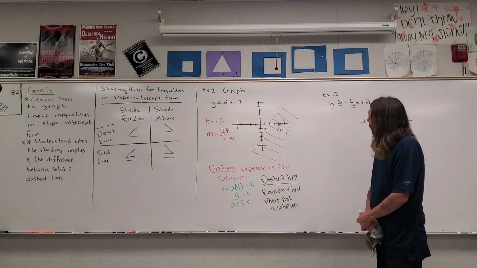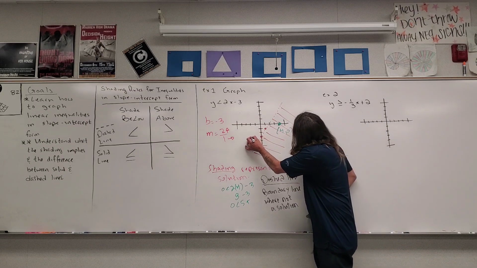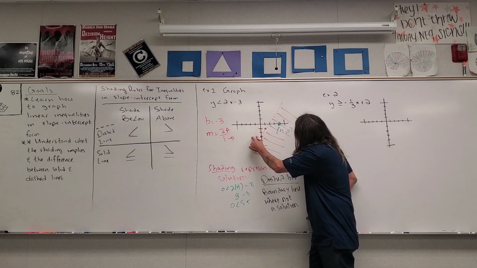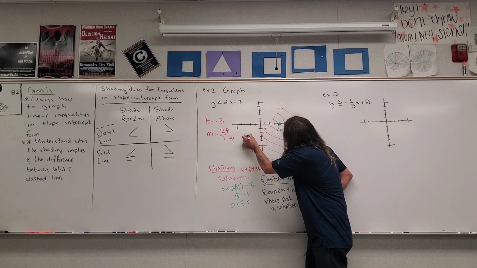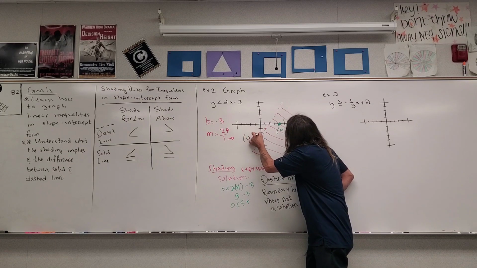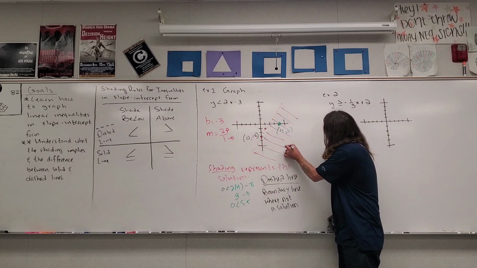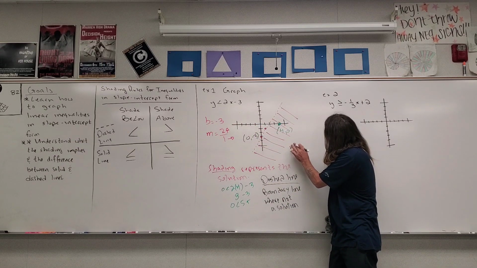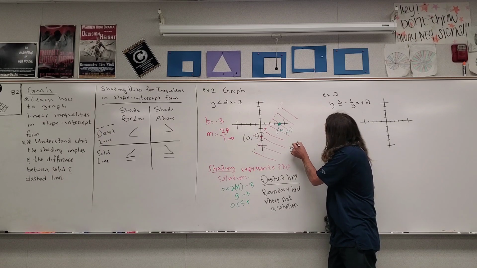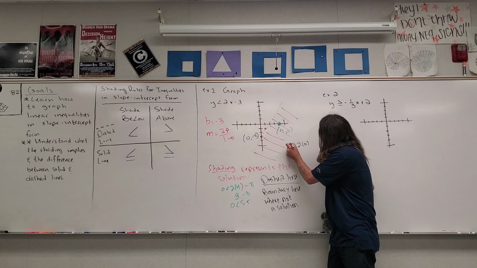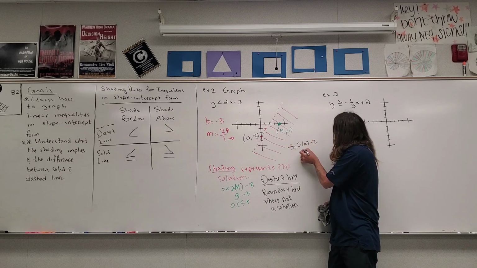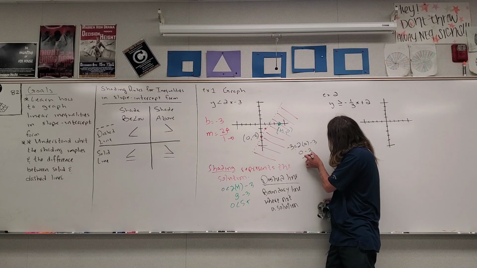So for example, if I was to plug in the point 0 for x and -3, let's see here. So 0 for x, so now y less than 2 times 0, it's not y, it's -3, sorry, minus 3. 2 times 0 is 0, 0 minus 3 is -3.